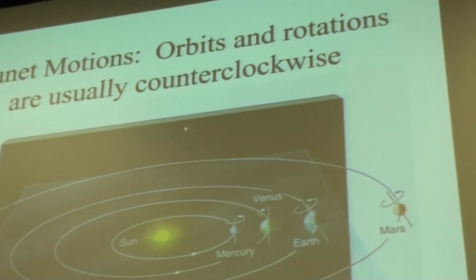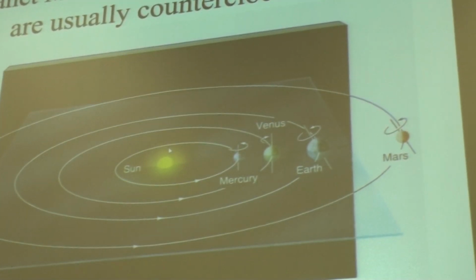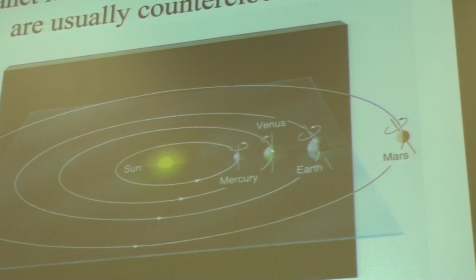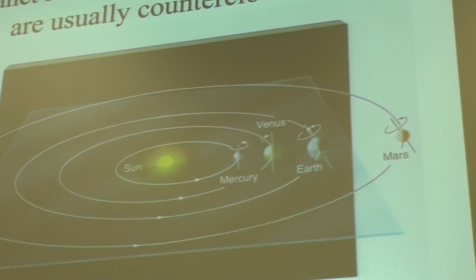And so here we're looking down on the ecliptic plane. And so we're seeing Mercury and Venus going around the sun, the Earth going around the sun, all counterclockwise, and most of them tend to rotate counterclockwise as well.